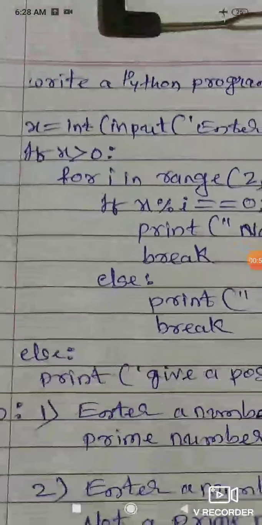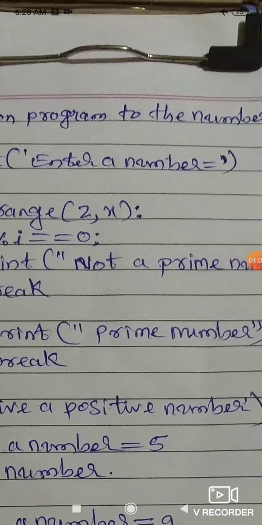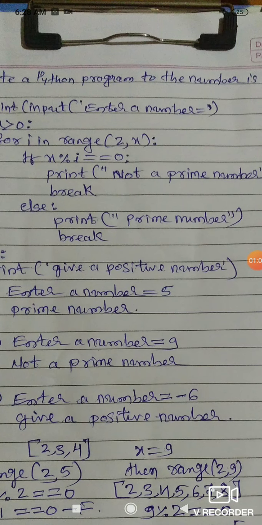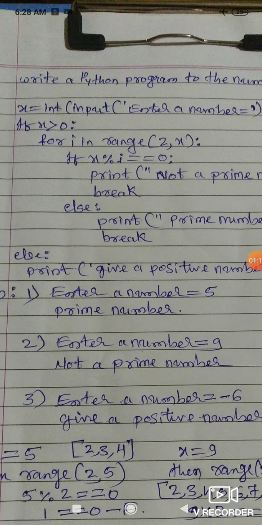The first statement is x = int(input('Enter a number')). This statement reads the number from the keyboard from the user.